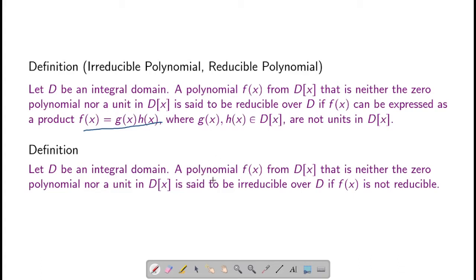If f(x) is a polynomial over D that is non-zero and non-unit, then we say that f(x) is irreducible if it is not reducible.